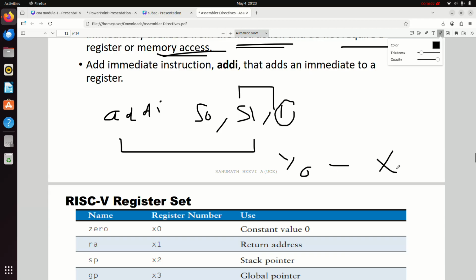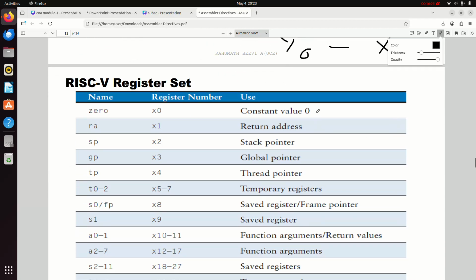We said there are registers x0 to x31. x0 we can easily learn: x0 is the constant value 0, x1 is the return address, x2 is the stack pointer, x3 is the global pointer, x4 is the thread pointer.